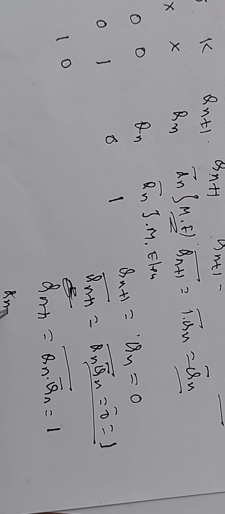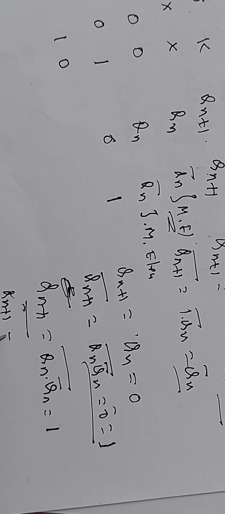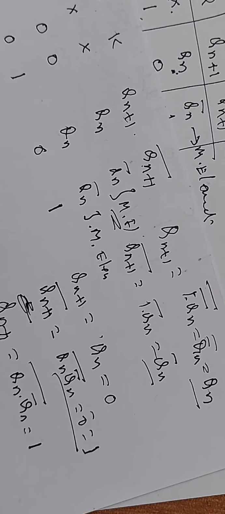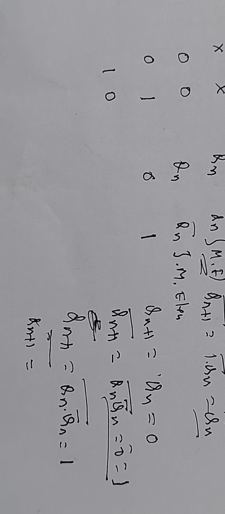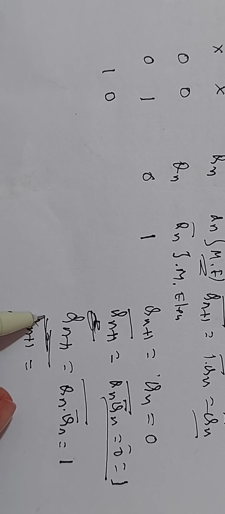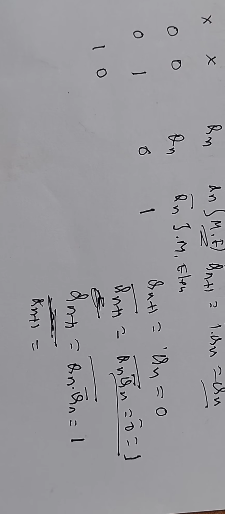Now Qn plus 1 bar is equal to, see this. Here this is 0, therefore output is 1. 1 and this is Qn. This 1 and Qn are two inputs of this NAND gate. 1 into Qn is Qn.